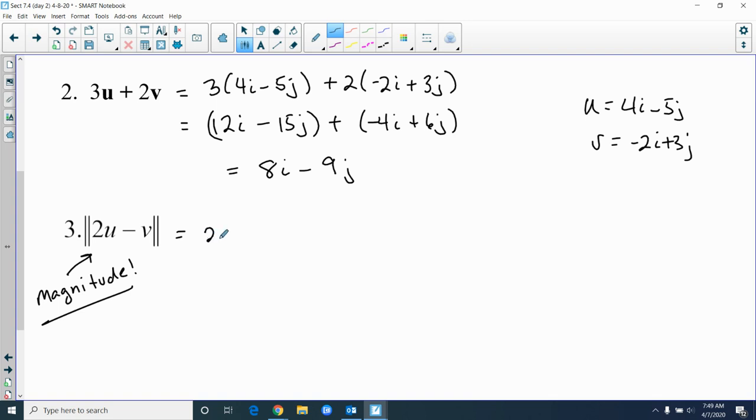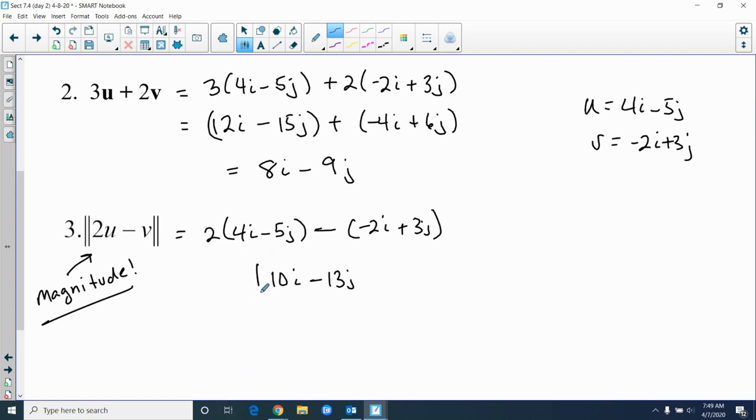So that's 2 times 4i minus 5j minus negative 2i plus 3j. Let's not worry about the magnitude yet. I'm going to do a couple steps in one. 2 times 4 is 8, minus negative 2 gives me 10i. 2 times negative 5 is negative 10, minus 3 gives me negative 13j.